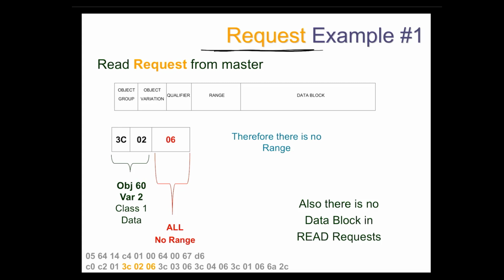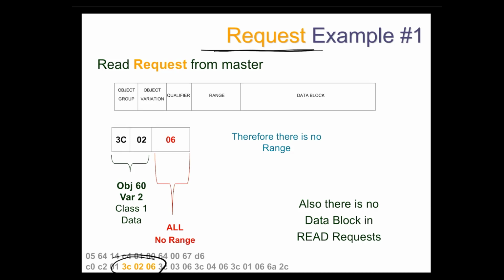So it's where all the functionality is coming from the application header, and now this is where we're actually looking at the objects themselves and what's being accessed. What's the object that's being accessed, and how is it being accessed? So if that makes any sense, then let's take a look at this first request object header.